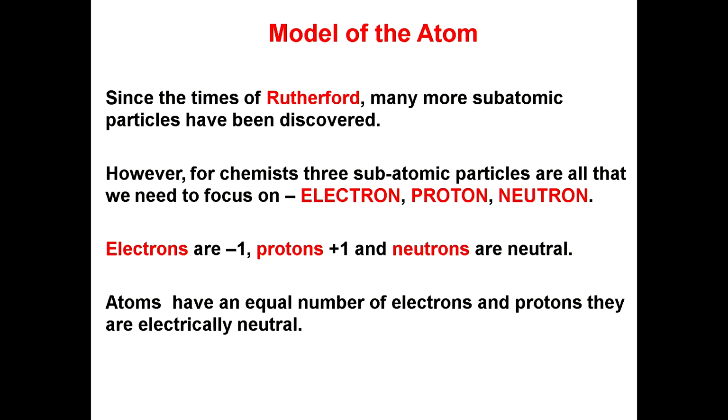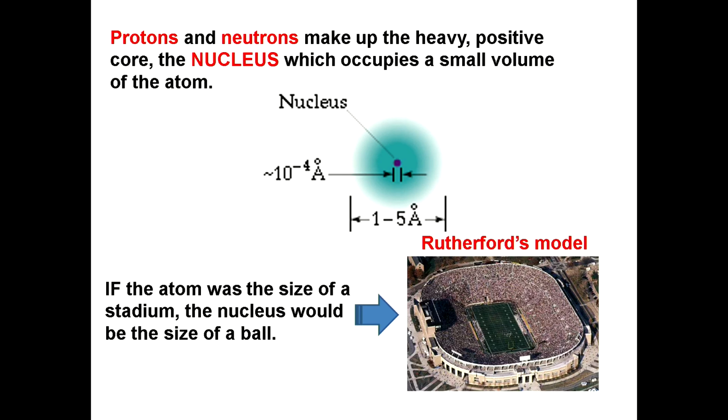So each atom has a unique number of electrons and protons. In this model, we can see all the protons and neutrons are at the center of the atom, and the electrons move outside.